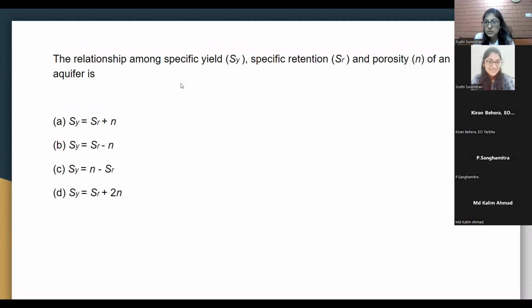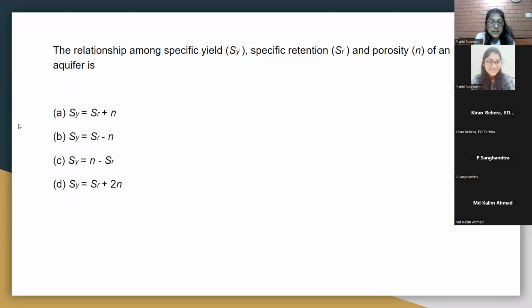Sangamitra and Kaleem have given us the right answer. The relationship between specific yield and specific retention is that specific yield plus specific retention is equal to porosity.